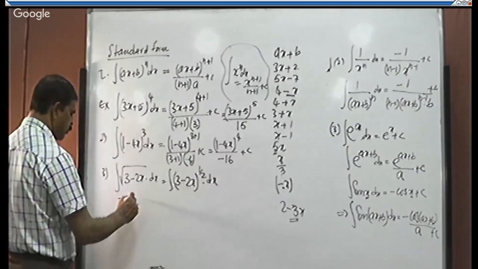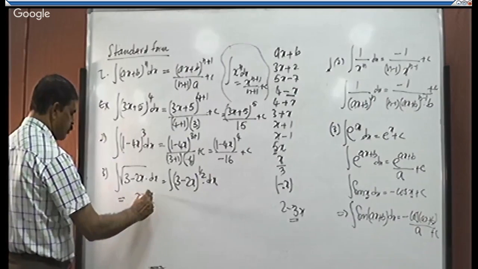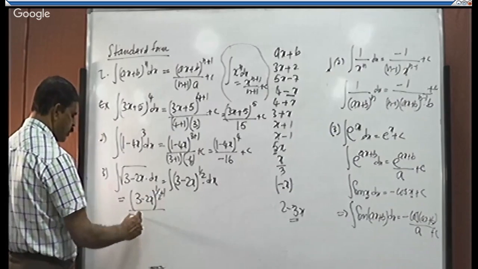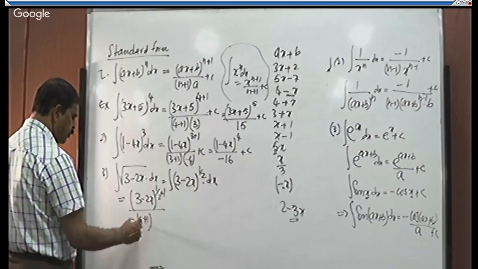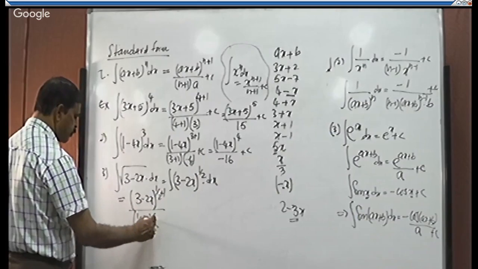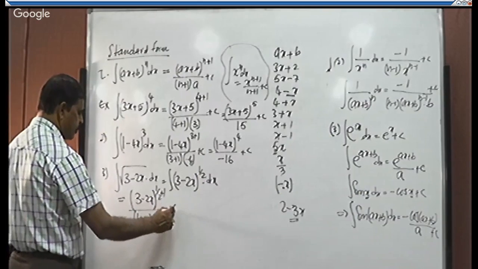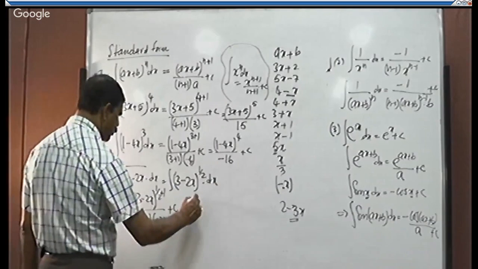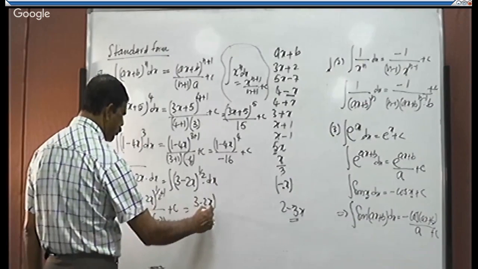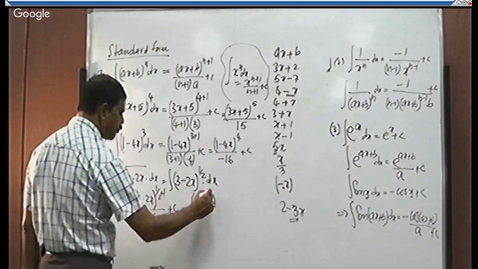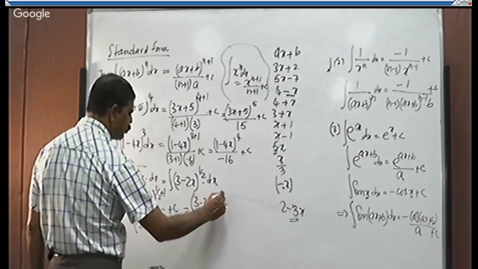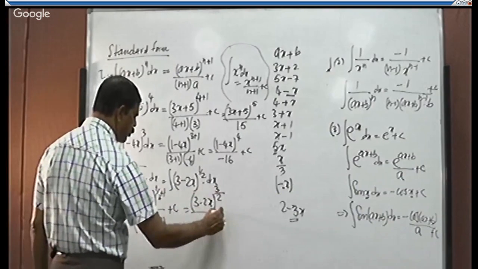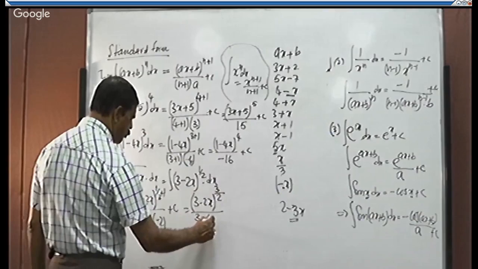Integration of that is (3 minus 2x) to the power of 1 by 2 plus 1, divided by 1 by 2 plus 1, into the x coefficient. The x coefficient is minus 2, plus c. That is equal to (3 minus 2x) all to the power of 1 by 2 plus 1, which is 1 and a half, with 2 as LCM, 1 plus 2, 3, so 3 by 2, divided by 3 by 2 into minus 2.